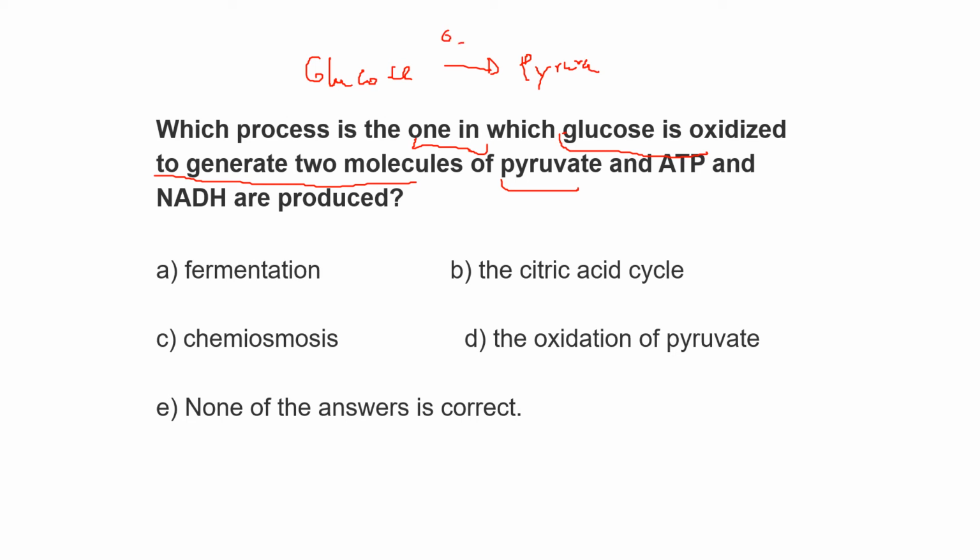So oxidize it, and this process is called glycolysis. So it's not fermentation, it's not Krebs cycle, it's not chemiosmosis. It is not the oxidation of pyruvate. So the correct answer is E.